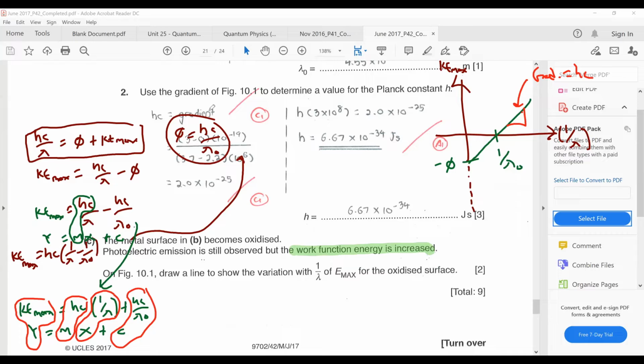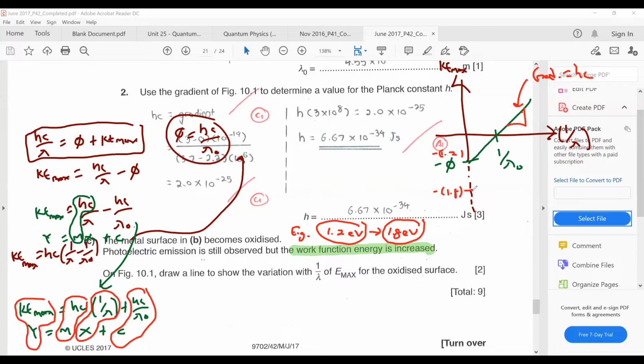When work function energy is increased, an example I can give you is maybe it was actually 1.2 eV, then it suddenly becomes maybe 1.8 eV. In the form of a graph here, if originally it was 1.2, it's here, negative 1.2, magnitude wise 1.2. If it becomes 1.8 eV, you will be somewhere here, negative 1.8.